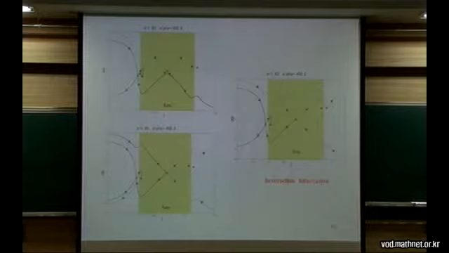When P is less than this value, the connection converges to this case. When P is greater than this value, the unstable manifold of this point goes this way. So a so-called homoclinic bifurcation occurs at this value.